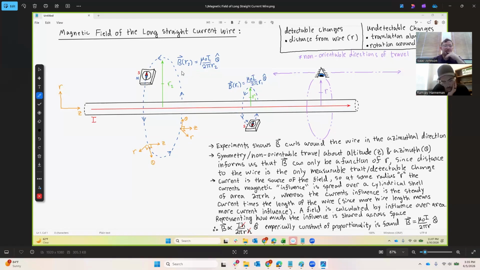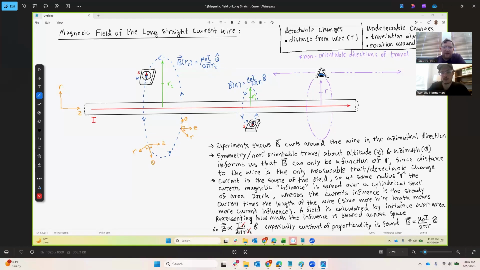Using different apparatuses, they figured out that with a long straight wire, the field strength, or the magnitude of the vectors, seems to fall off with the inverse of the radius. And so, with that, I'd like to make an ad hoc mathematical argument for why the field falls off as 1 over r in the case of the long straight wire.